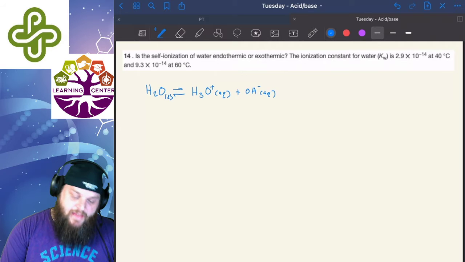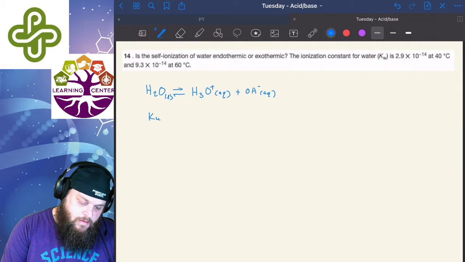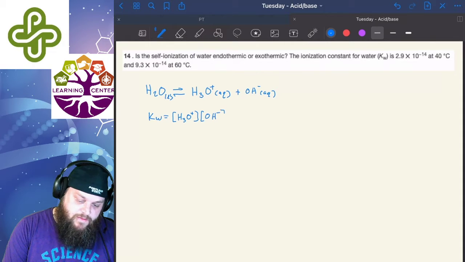And we can see that Kw is going to be equal to the concentration of hydronium times the concentration of hydroxide.